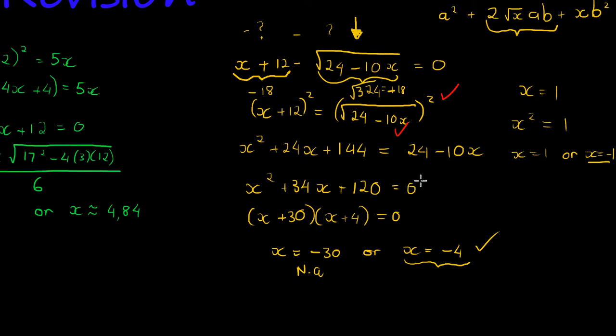Then you are given a mark for getting it into a standard form, or for the factors. It depends. Maybe you skipped one of these steps, but you have the factors. Then we give you a mark for both answers. So you should get 4 out of 5 if you got to this step. But the final mark is given for noticing that this one is not applicable.